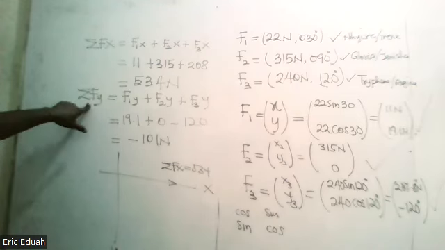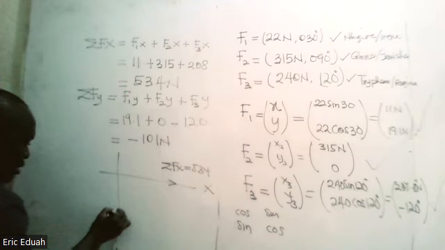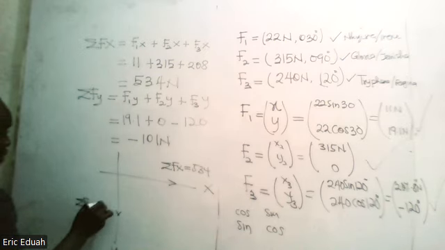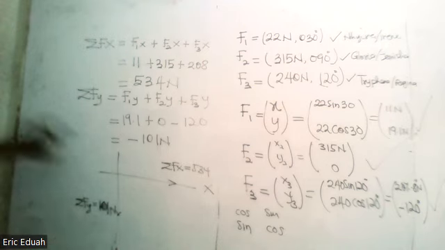Then summation Fy is a negative value. So it will also be along the negative y-axis. So summation Fy equal to 101. Please, here we are not going to write negative 101. Why?